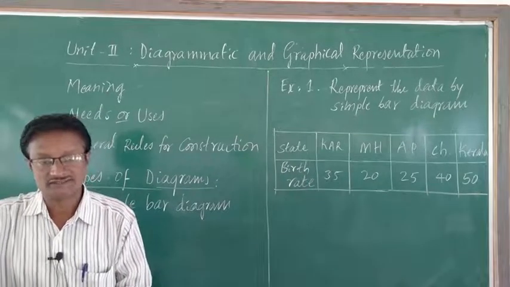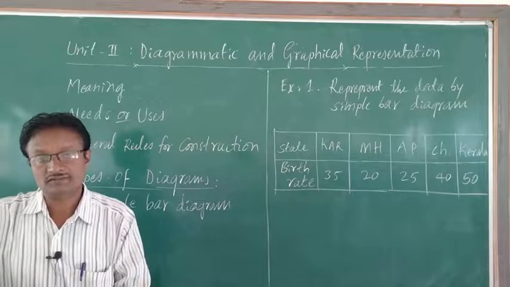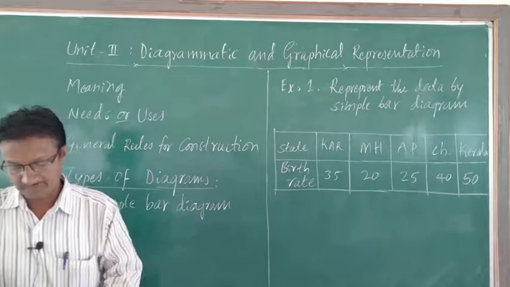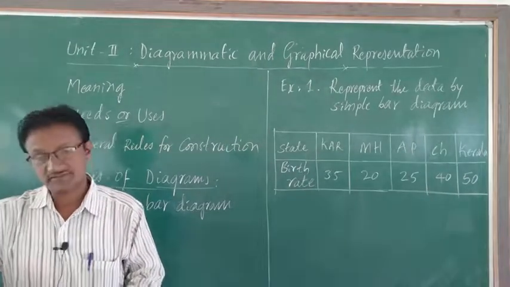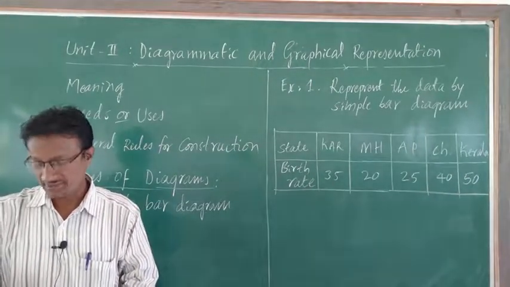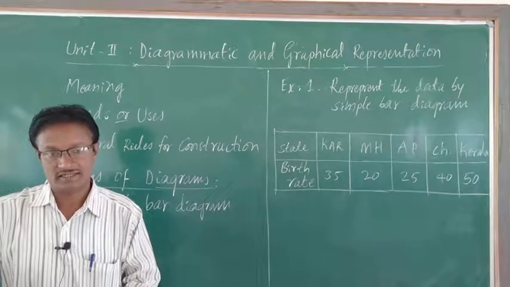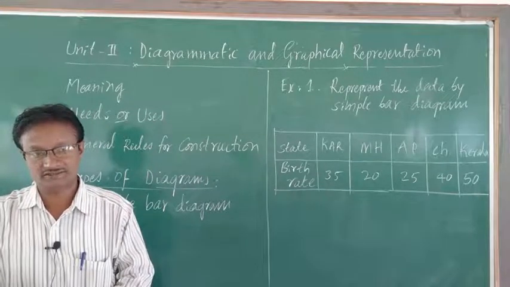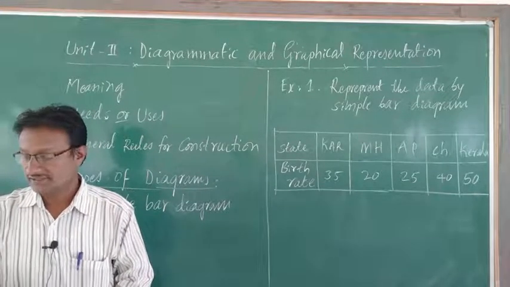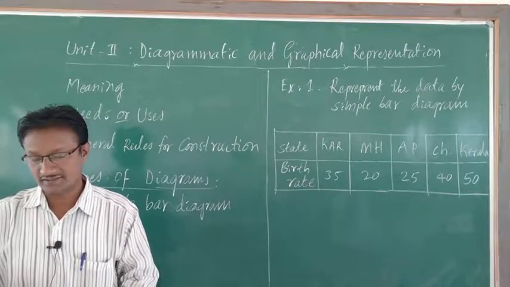Next advantage is they can be easily understood by common men. The general features of the data are easily communicated through diagrams and graphs. Next advantage is they facilitate comparison of various characteristics.